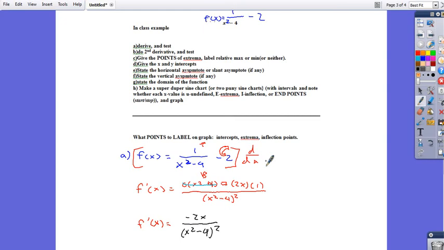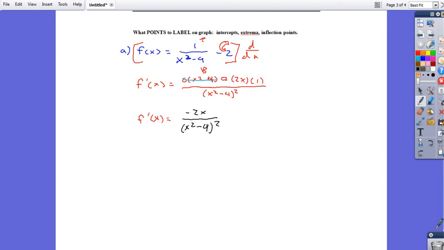So what we have to do is find the critical points, which is where the derivative is equal to 0 and where the derivative is undefined. Equal to 0 would be the top equal to 0. Undefined would be the bottom equal to 0.